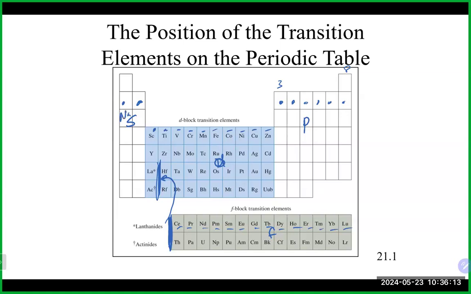Again, that's sodium. That is period 1, 2, 3, 4, 5, 6, and 7. So if you did something like sodium, that would be 1s2, 2s2, 2p6 all the way across, and 3s1.